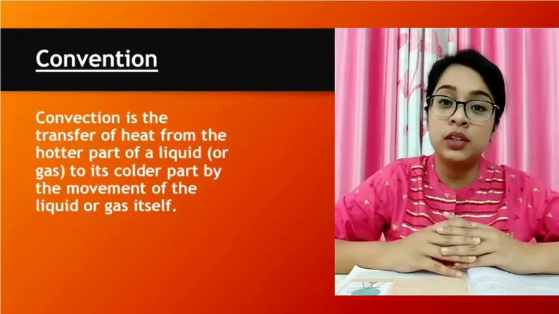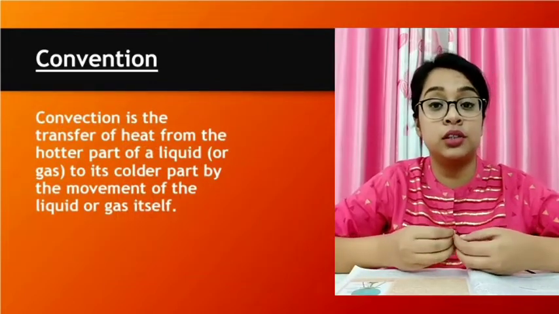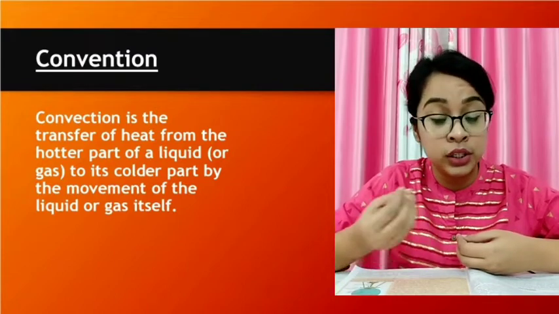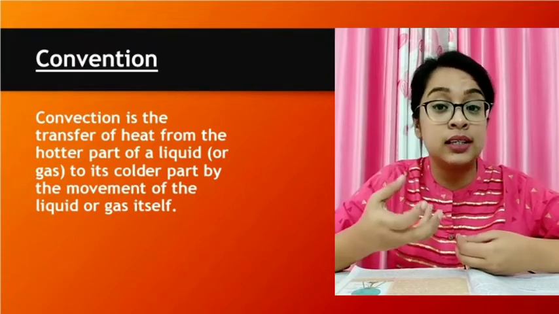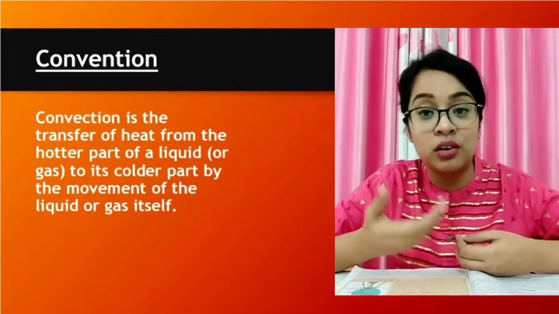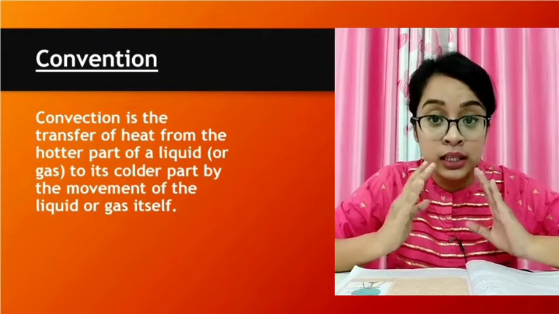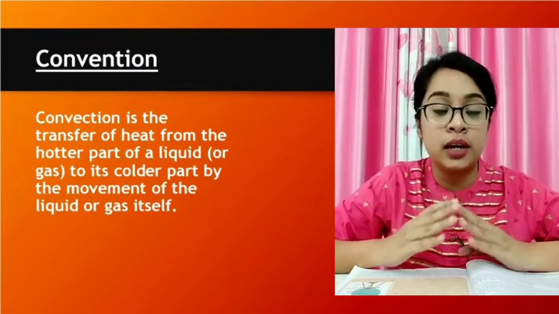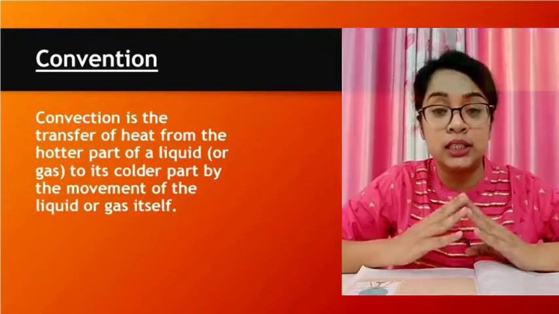With the help of the potassium permanganate crystals, we can see the convection current. As we can see, the blue color is rising up. That means the blue color got dissolved in water and that water is rising up. So in the activity, we can clearly see the convection current and how water is heated up.